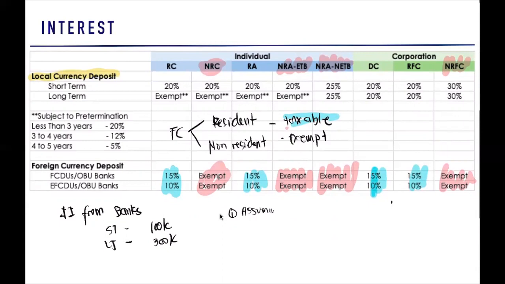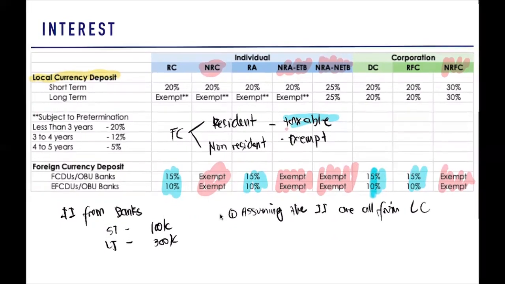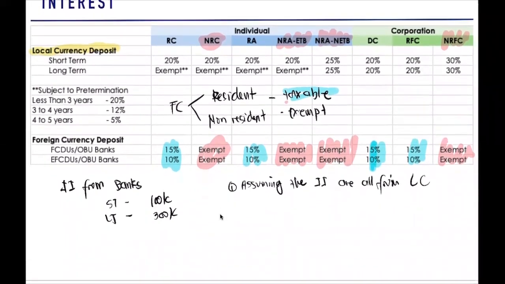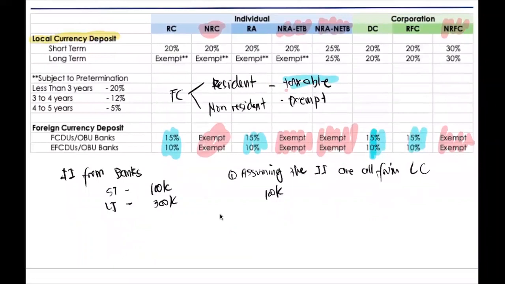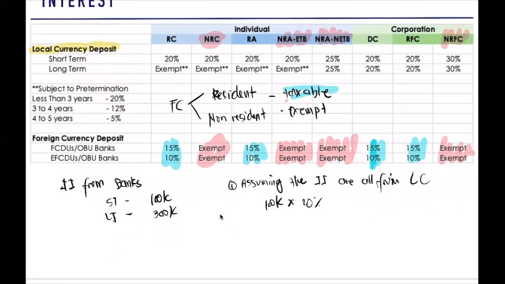Assuming the interest income is all from local currencies, therefore we only have 100,000 multiplied by 20%. Why? Because the long term is now exempt. Look at the local currency. Assuming we are individuals, times 20%, we have here 20,000.